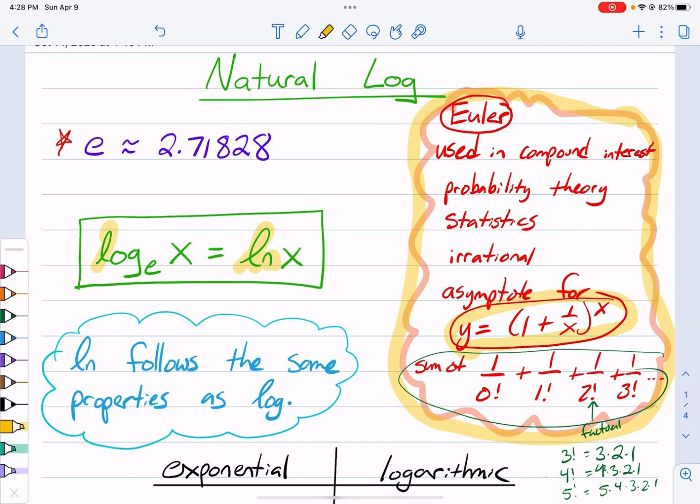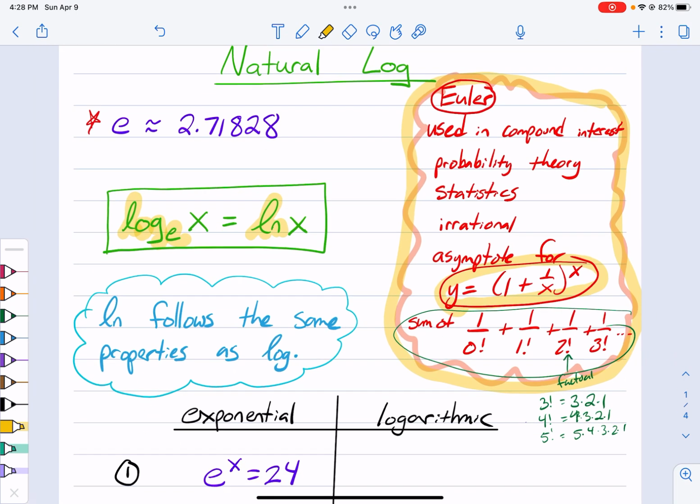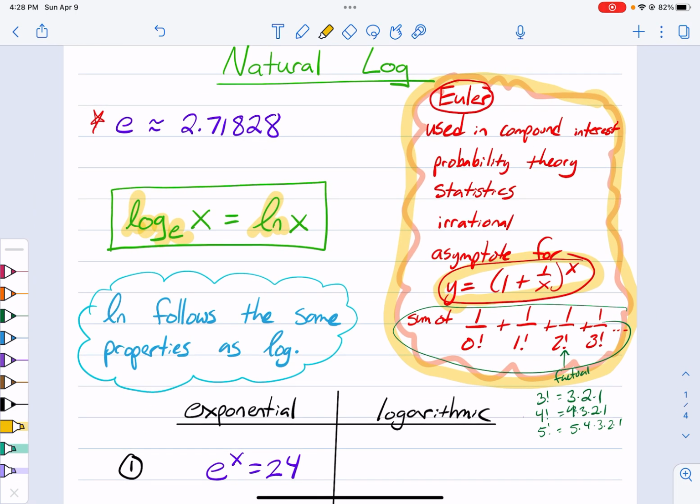That is a log that has a base of e. So ln, natural log, follows all the same rules and properties as a log. It's just that it's a base e. A log that doesn't have a base is a base 10, the common log. With a natural log, you do not write the e. It's just understood to be an e.